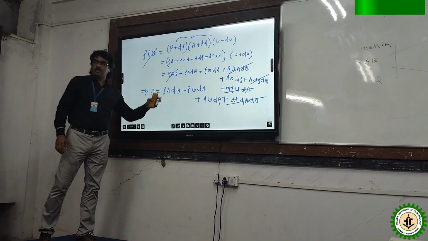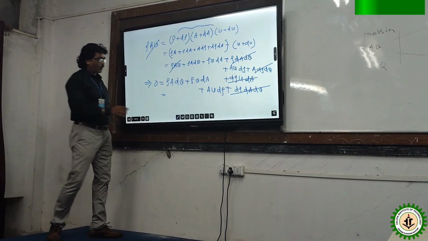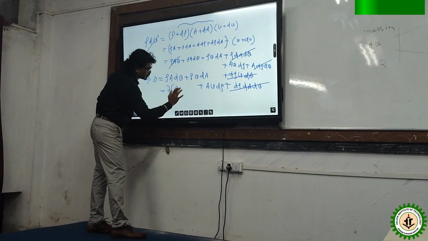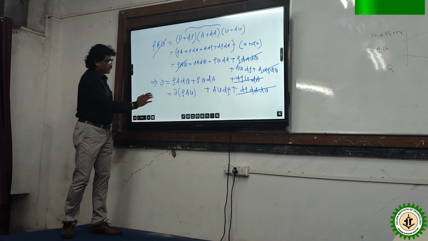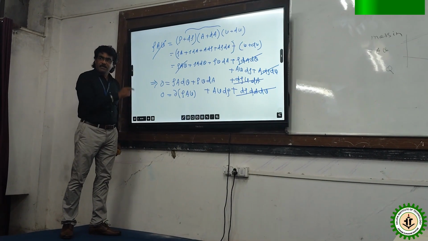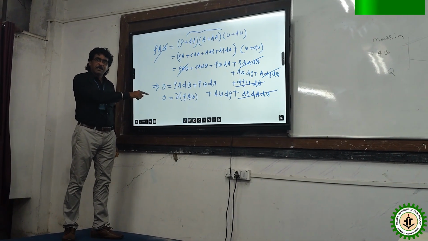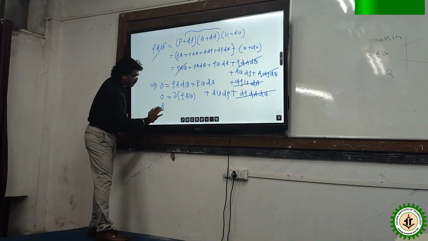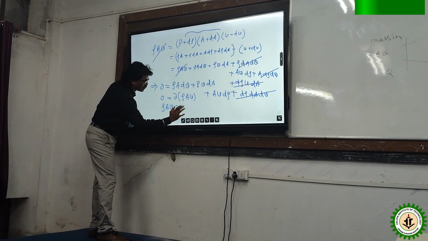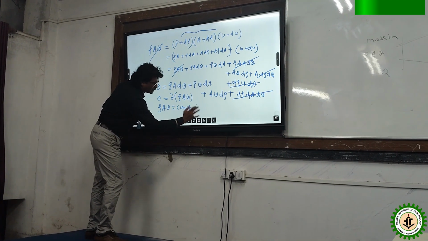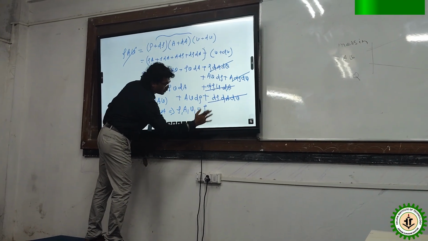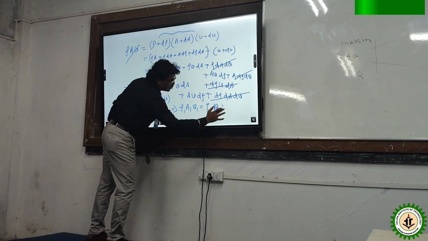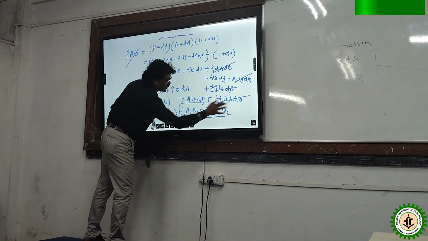Now, if it is in differential form, integrate it. What does it mean? Rho 1 A1 V1 is equal to rho 2 A2 V2. That's all. Alternative equation.